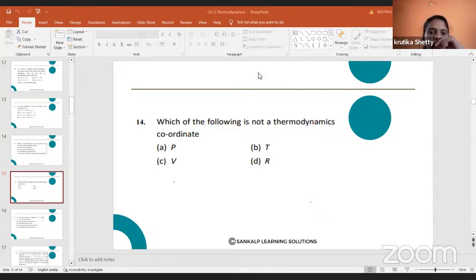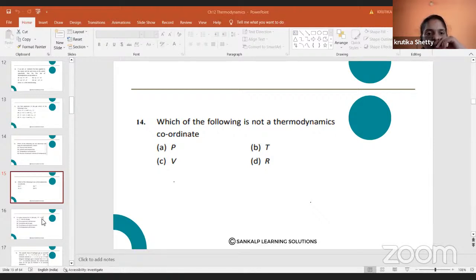So it is R, option D. Thermodynamic coordinates are pressure, volume, temperature, work done. But R, the universal gas constant, is not a thermodynamic variable. Okay, option D, R.